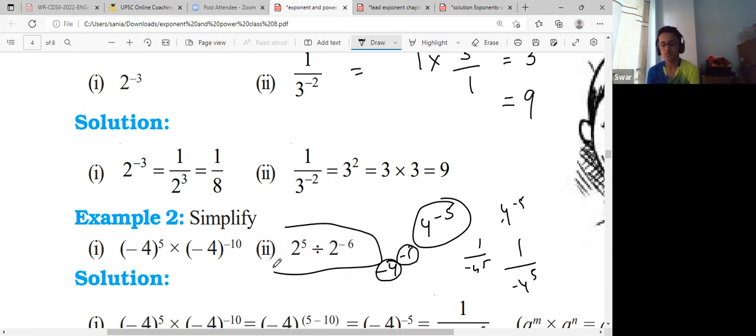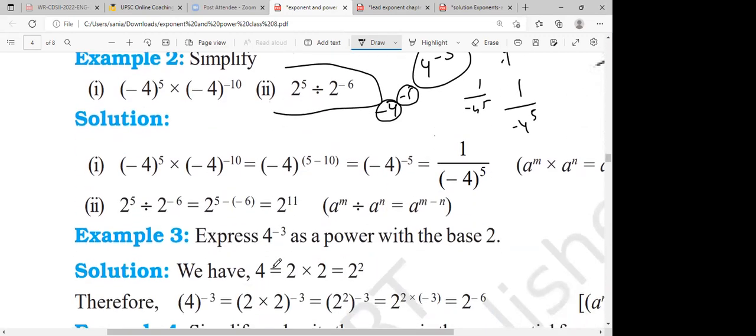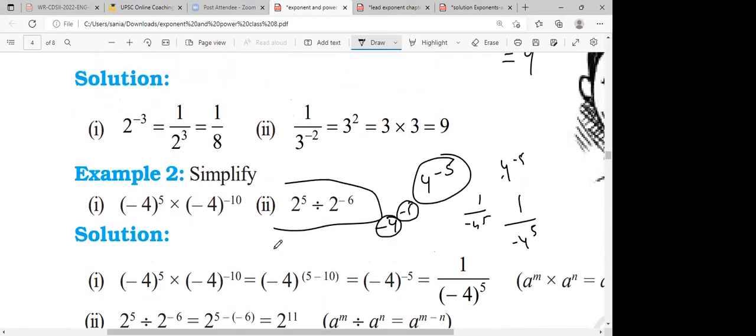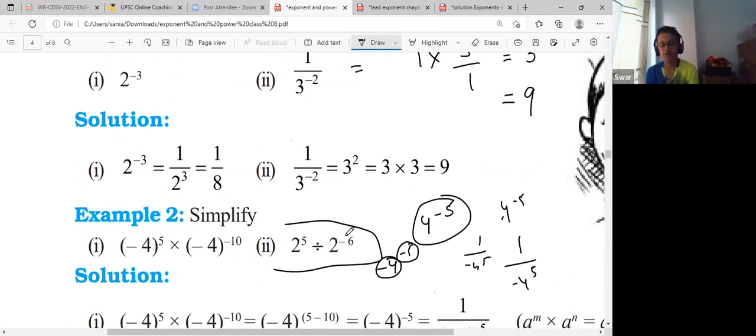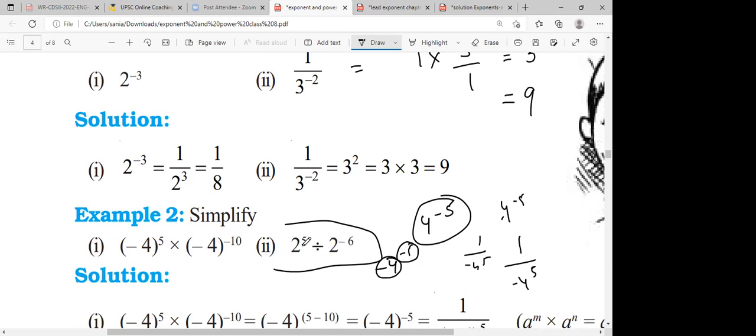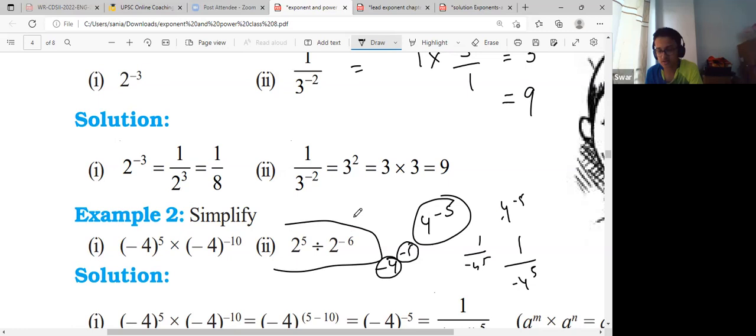Ma'am, 2 multiplied by 1. They are multiplied, so I have to add, then 5 minus 6 is minus 1, 2 raised to the power minus 1.